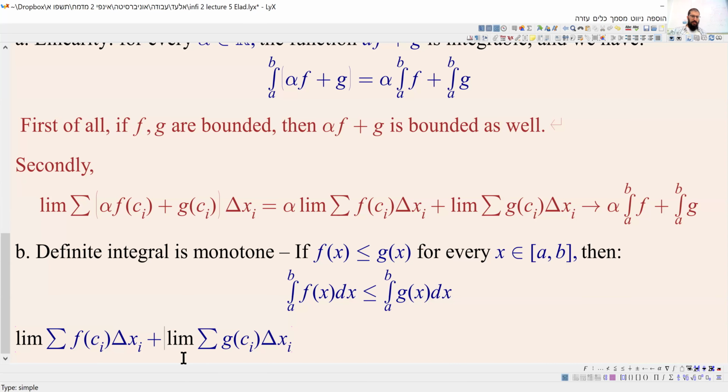Because f is smaller than g, you multiply by delta, which is something positive, so it doesn't change the direction of the inequality. Sum it, put a limit on it. All these actions on f and g do not change the basic inequality, f is smaller than g. And so the integral of f is smaller than the integral of g.